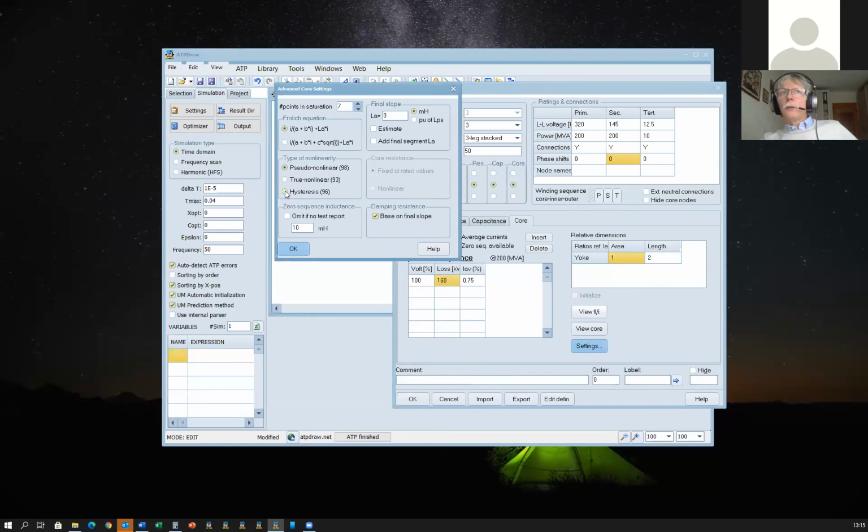You have an option to change to hysteresis. You can even change the number of points on this lower part of the saturation curve, but it cannot be higher than 8. In some way, it's a limitation.